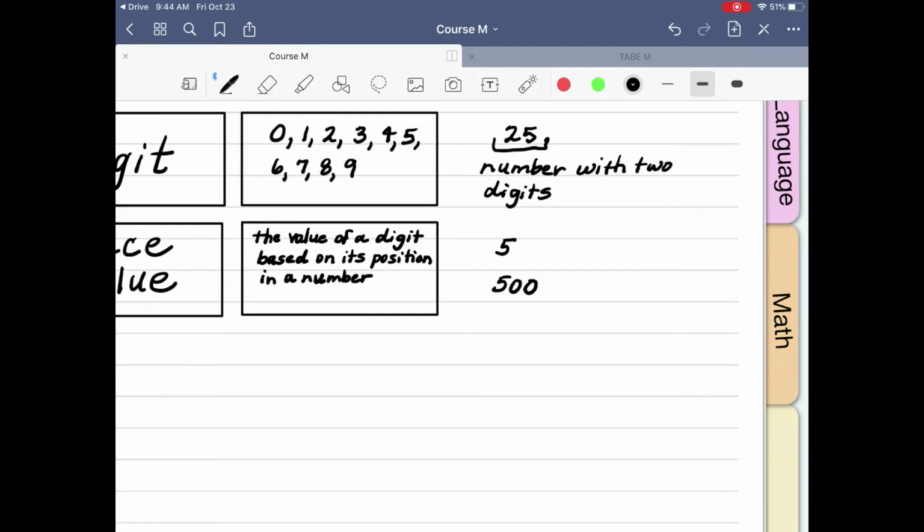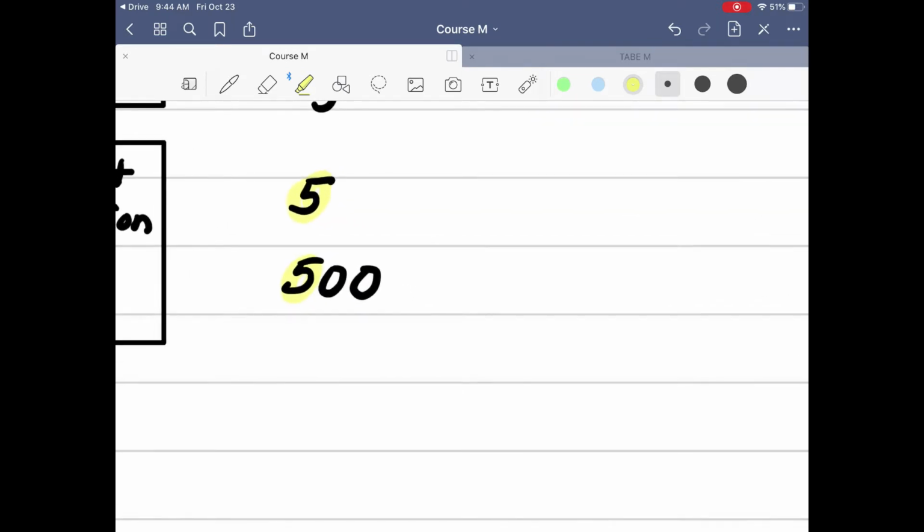I draw a 5 exactly the same way every time. But are those two 5s worth the same amount? If you're talking about money, which of these values would you rather have? I would rather have the 500. So in the 500, the digit 5 has a greater value.